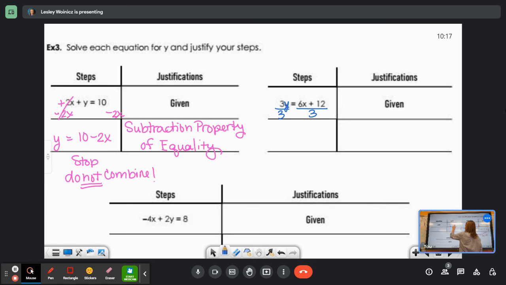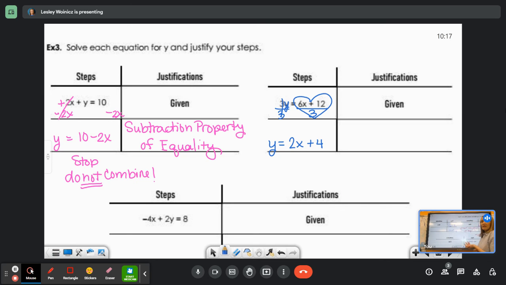Okay, 3 over 3 is 1. 1y is just y. Now, when I'm dividing on the right, I have to make sure that I divide both terms by 3 because the whole side is divided by 3. So the 6x gets divided by 3 and turns into 2x. The 12 gets divided by 3 and turns into a 4.